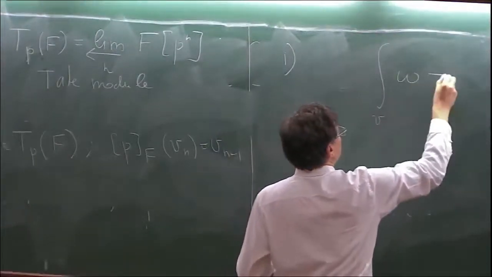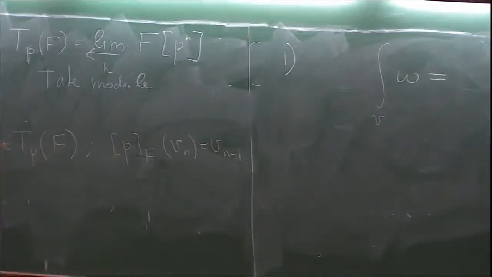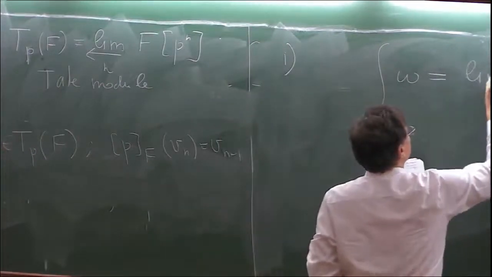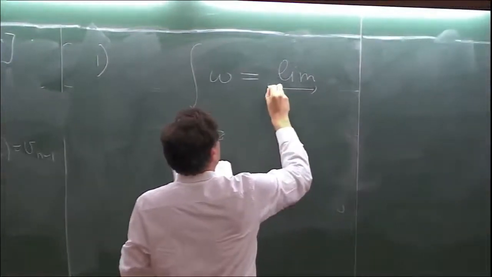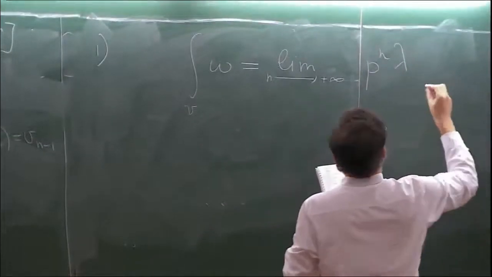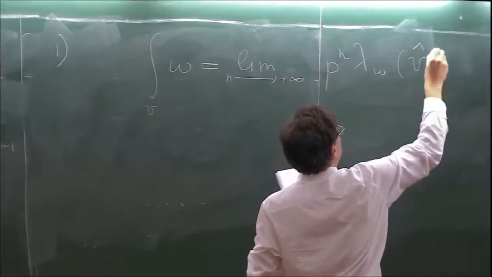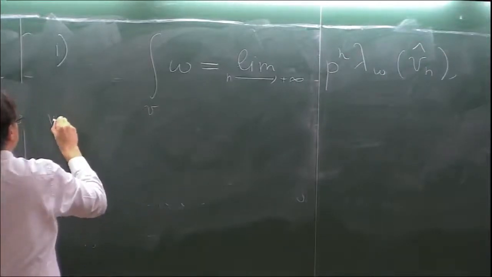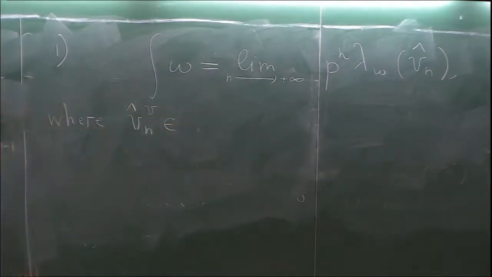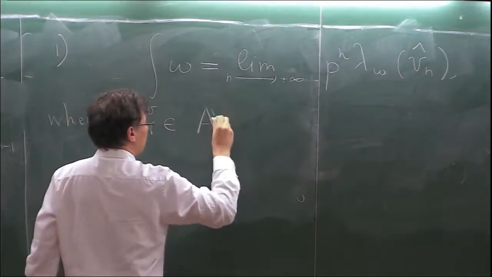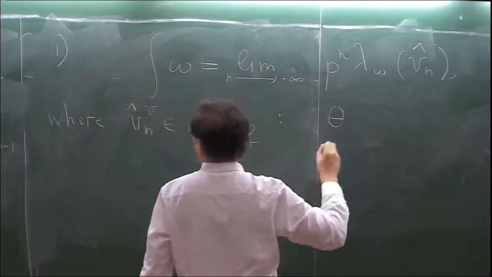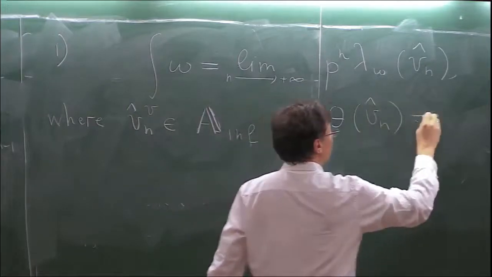Then let's consider the following object, which we call the integral or period of omega, which is the limit when n goes to plus infinity of p^n lambda omega of v_n hat, where v_n hat are elements in the ring A_inf such that they are lifts of v_n under the theta map.